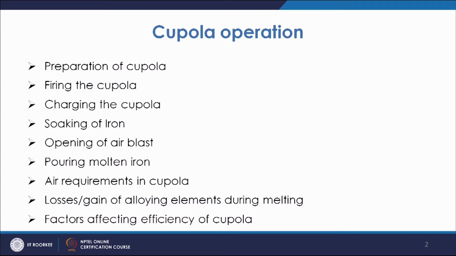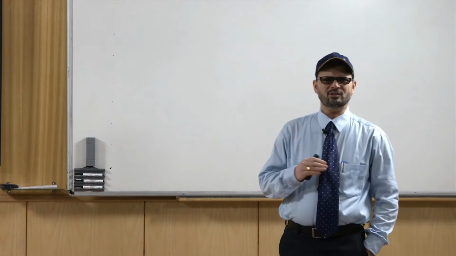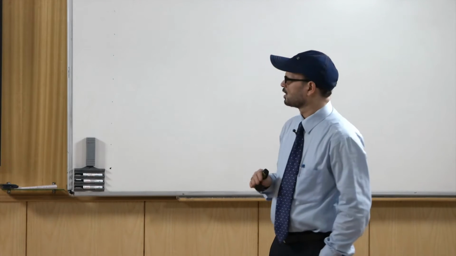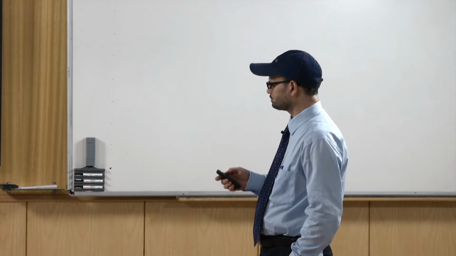As we know, in the cupola operation you have these activities to be followed. First is preparation of the cupola. Basically you keep the cupola prepared by cleaning and putting things in place.